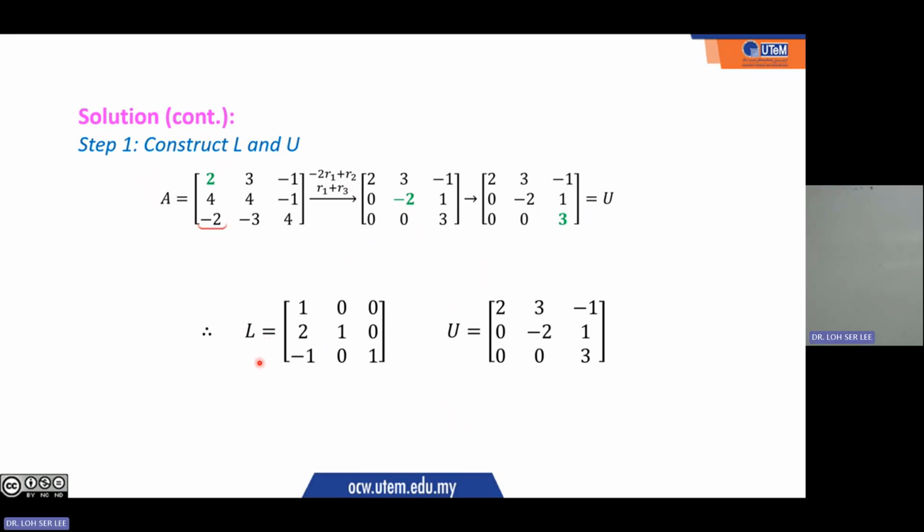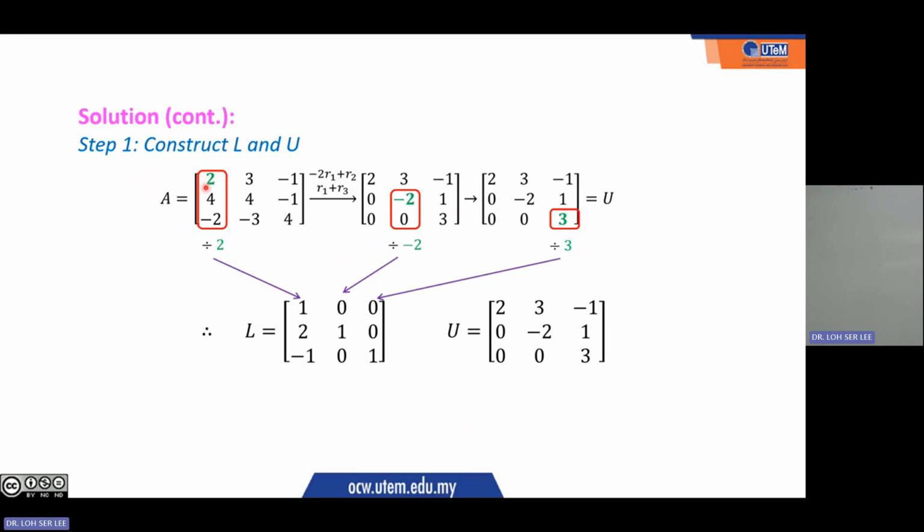To get an L, we will take this 3. You don't have to write this out. The 3 you can take from here, because this is already 0, so we don't need any operation to change this into 0. So this is your third pivot.